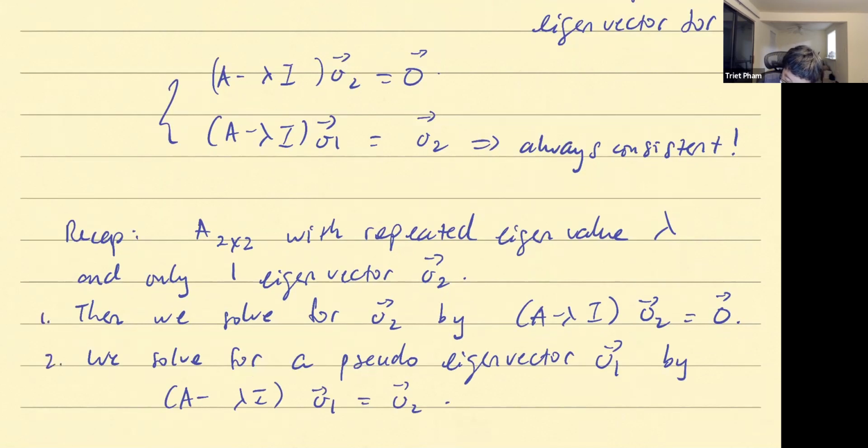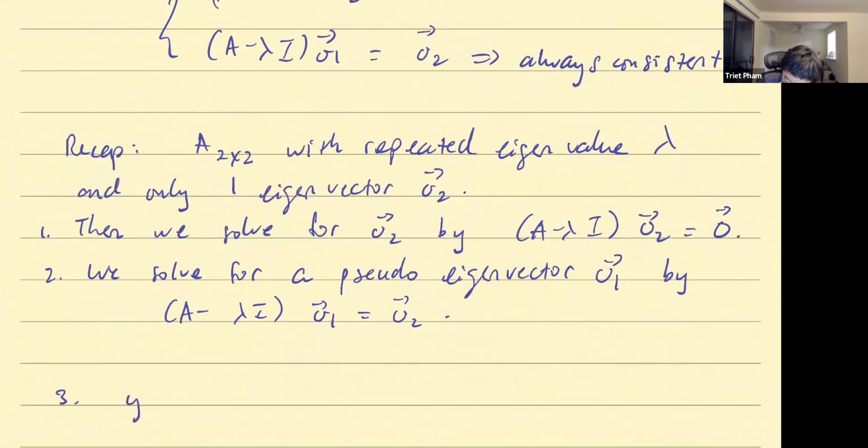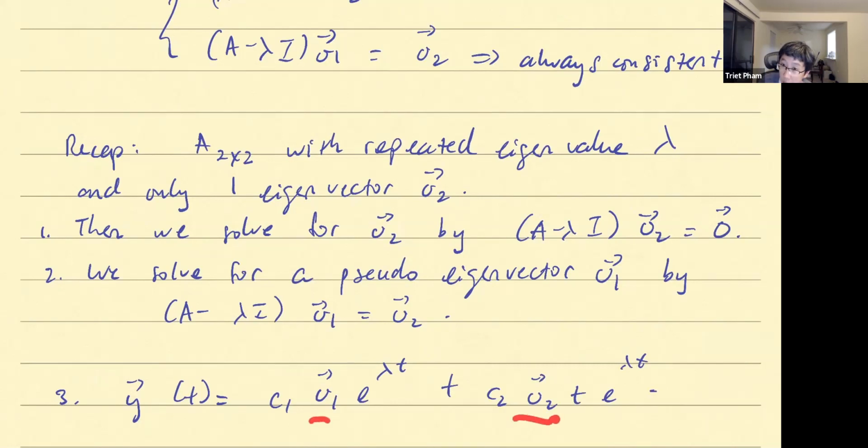Step 3, our solution will be C1 V1 e to lambda t plus C2 V2 t e to lambda t. Pay attention. The position is very strict. The eigenvector is associated with t e to lambda t.